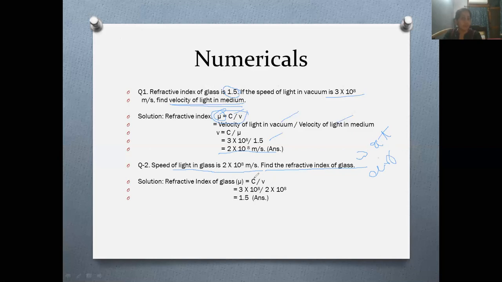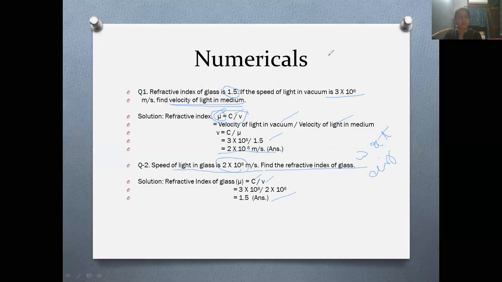That is the speed of light in vacuum or air. c is for both. c refers to the speed of light in vacuum or air, upon v. We know that the speed of light in air is 3 into 10 to the power 8, divided by 2 into 10 to the power 8, which is given. The answer is 1.5.